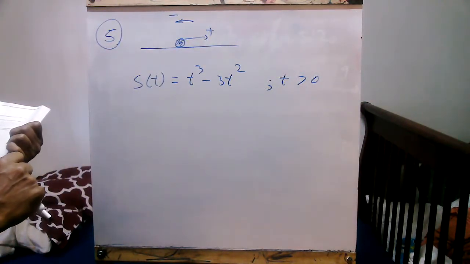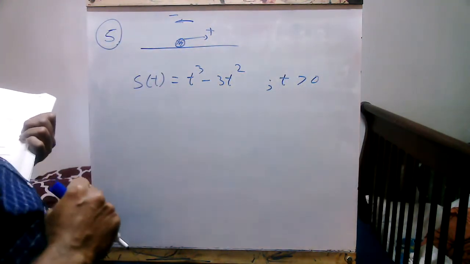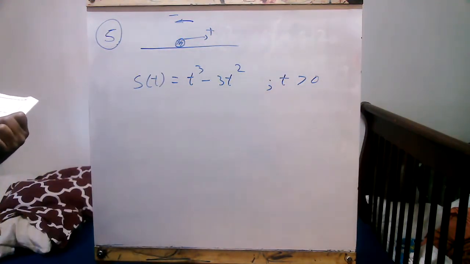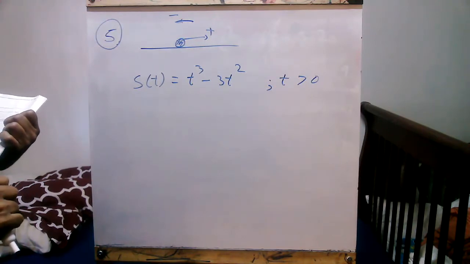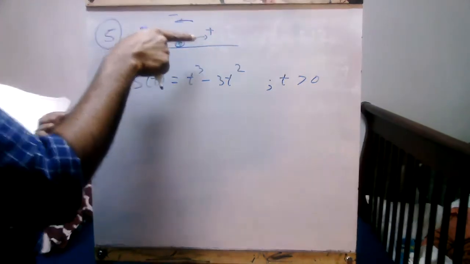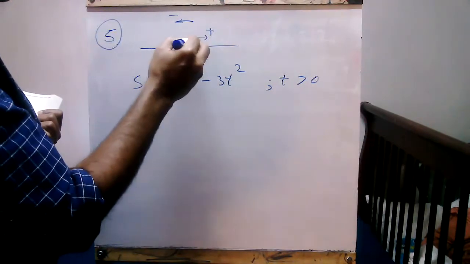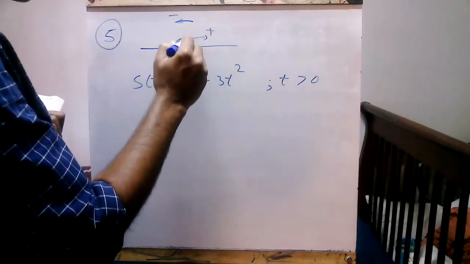For what values of t is it moving in the positive direction? We want to find for what values of t it is moving in the positive direction. Does that mean this object is only on the right side?